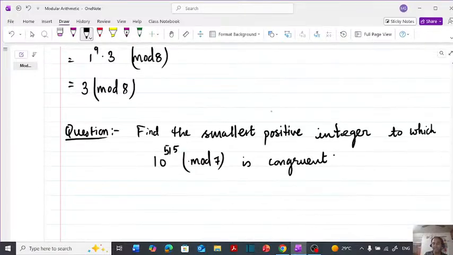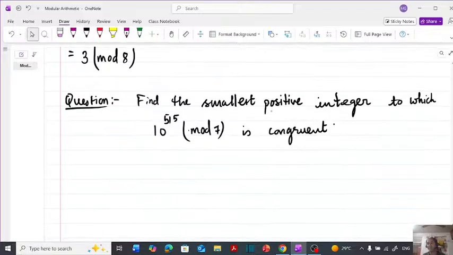Now how do we calculate this? Again, it's a big thing. 10 raised to 515 is going to be a very huge number, but when you are going modulo 7 it's very easy to handle. Let us see. So 10 mod 7, first you consider, that is 3. So now all we have to do is every time we see 10, we are going to ask for 3. 10 is going to behave like 3 now.